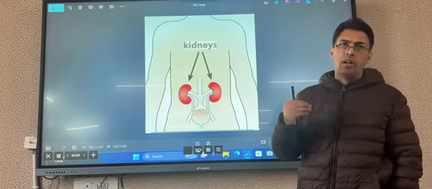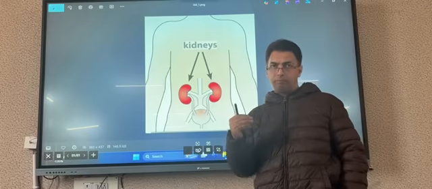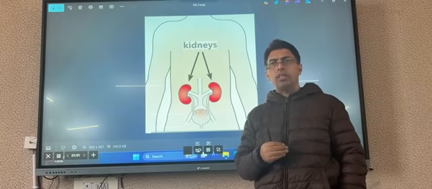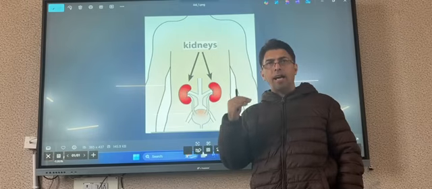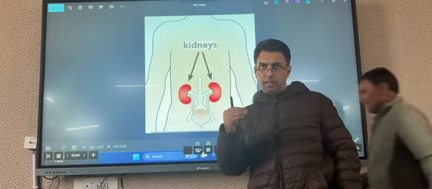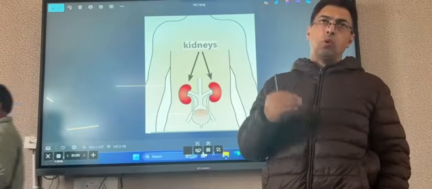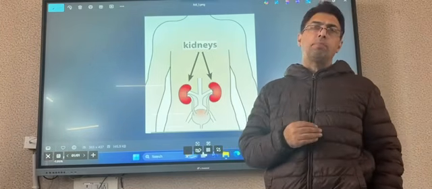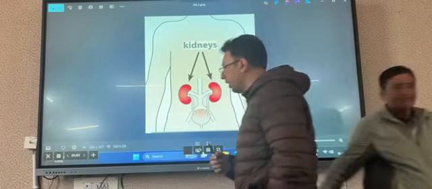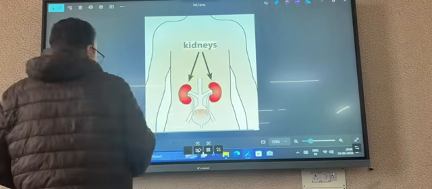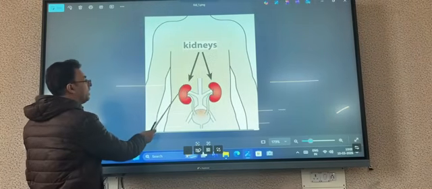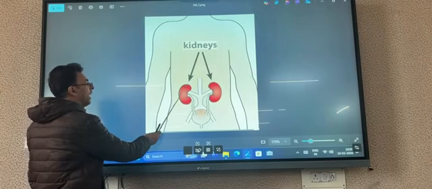So as far as the kidneys are concerned, right and left, the important thing is that the right kidney lies a bit lower than the left kidney. That is one part. Another important part is that the kidneys, as you can see over here, normally would be straight, but it is not like that. The kidneys lie almost at an angle like this.